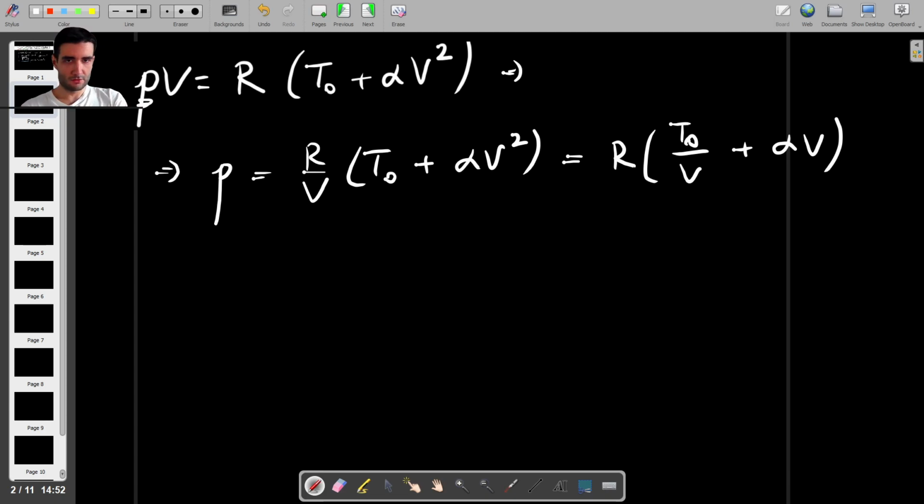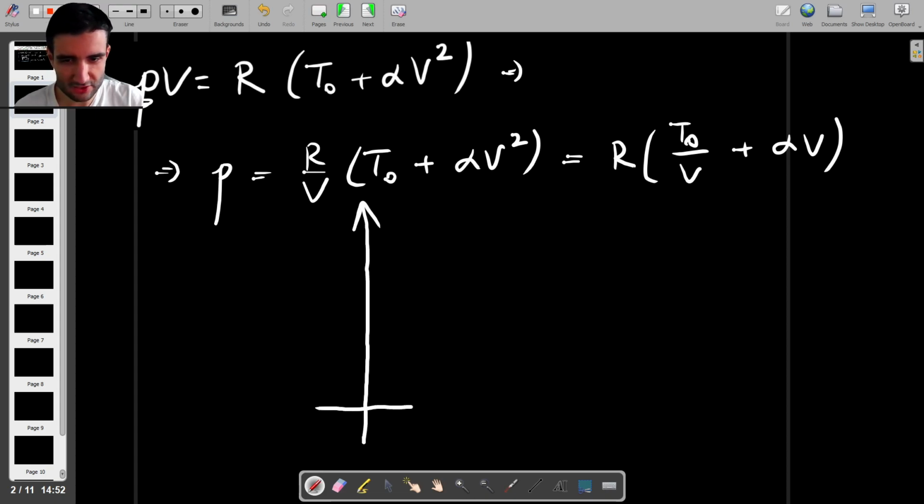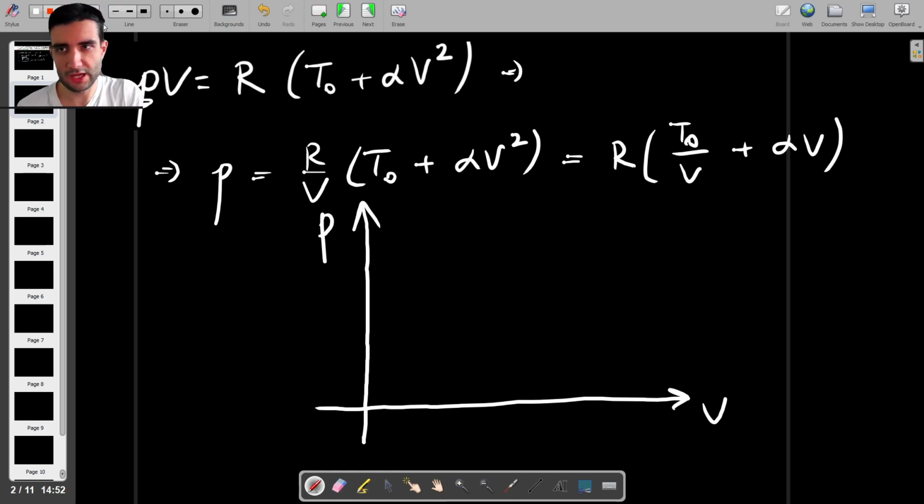Right, now before I try to find what that minimum value of P is, let's try to plot this. So on a PV diagram, we actually have two functions that we have to add up. So we have R T naught over V, because we have to multiply with R.